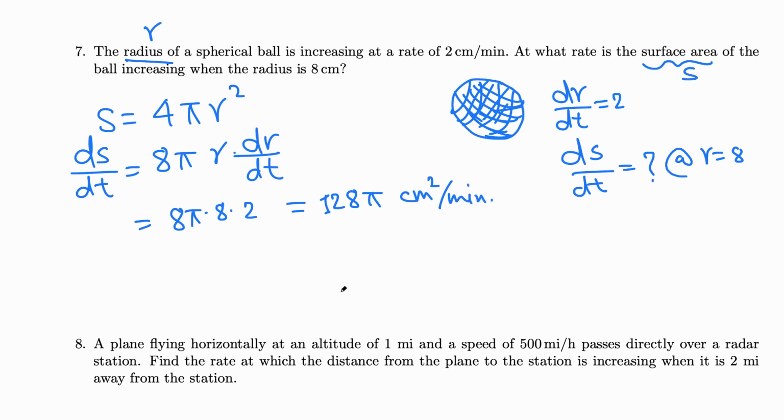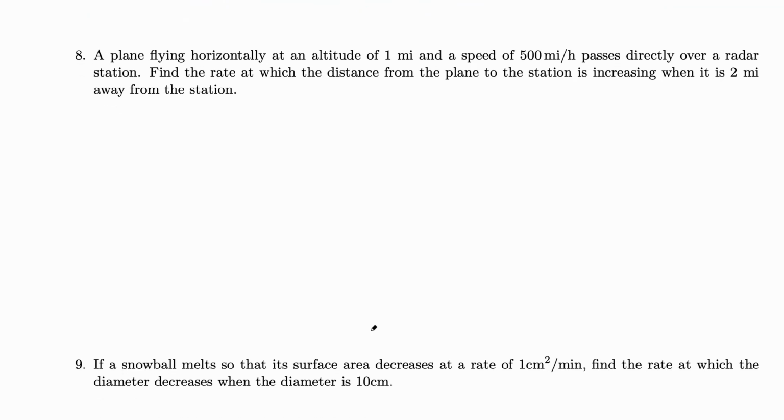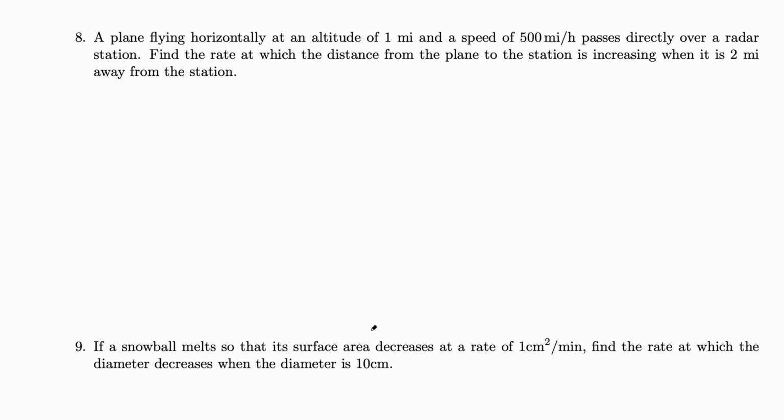Okay, let's do number 8. A plane flying horizontally at an altitude of 1 mile and a speed of 500 miles per hour passes directly over a radar station.